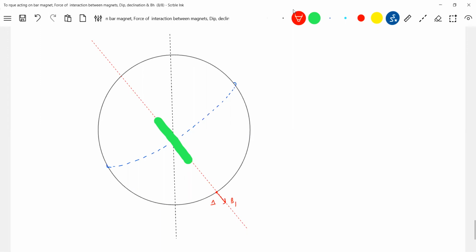Shall we put it like this? B1 will be. What about at point 2? Let me go for some points: 1, 2, 3.